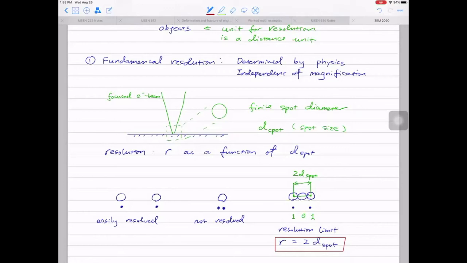But if you keep zooming in, you cannot resolve features smaller than the resolution. Does this make sense? That will lead to the second part of the resolution, the photographic resolution, or the picture resolution. Any other questions?